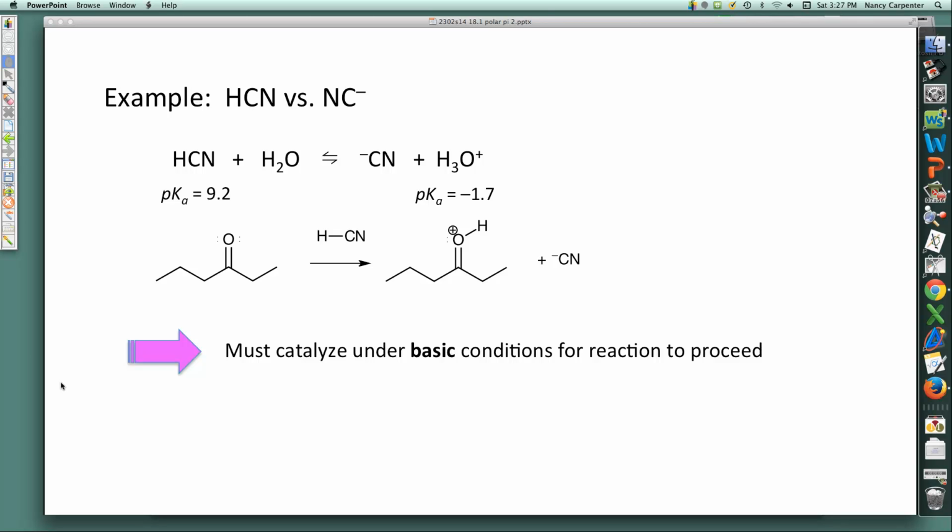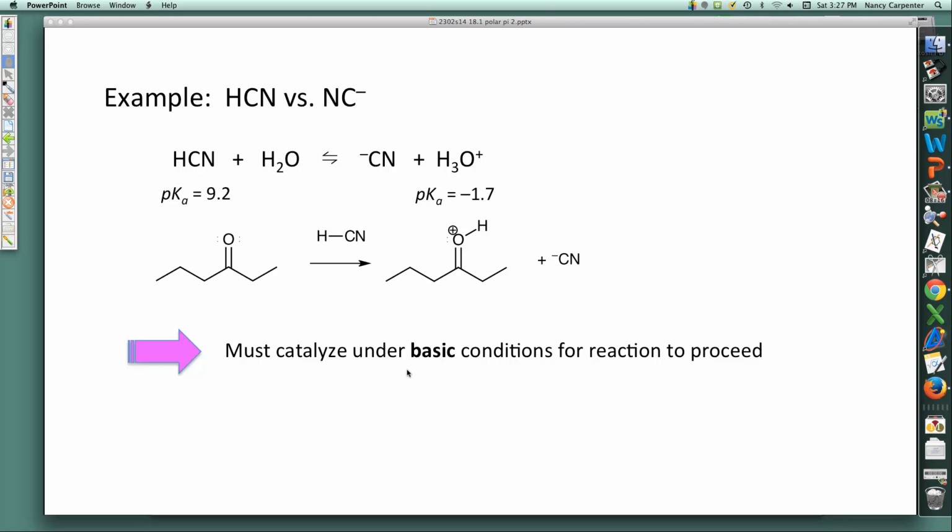So for this addition of CN- to react at the carbonyl carbon and get addition to the polar pi bond, you have to have basic conditions. You must catalyze it with a base to make that work.